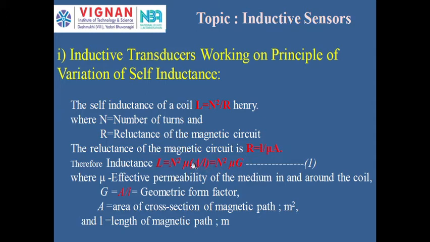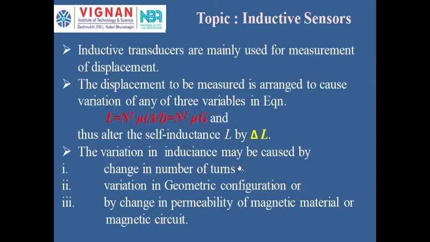So I can say it is simply a constant, that is N square mu G. Therefore, the self-inductance of a coil is proportional to the number of turns, the permeability, and the geometric factor of the coil. These inductive transducers are mainly used for measurement of displacement.